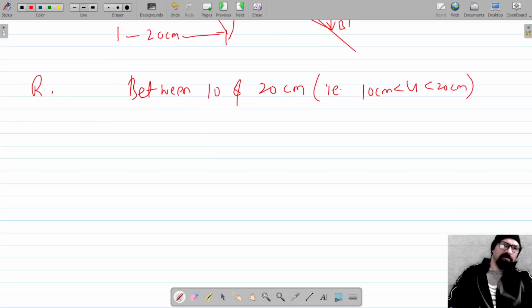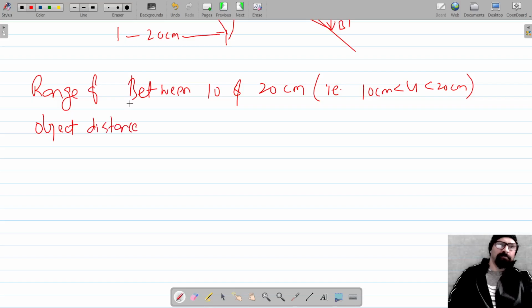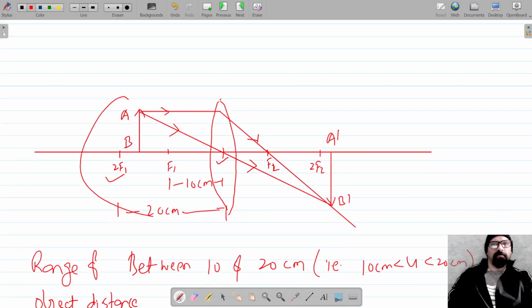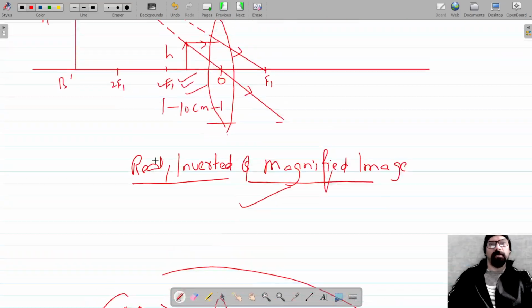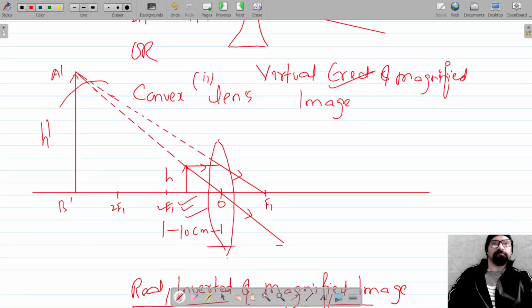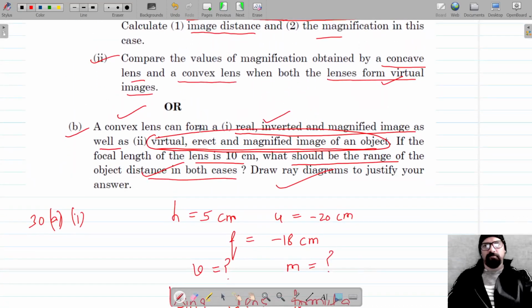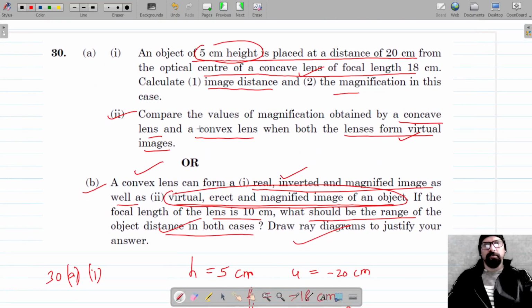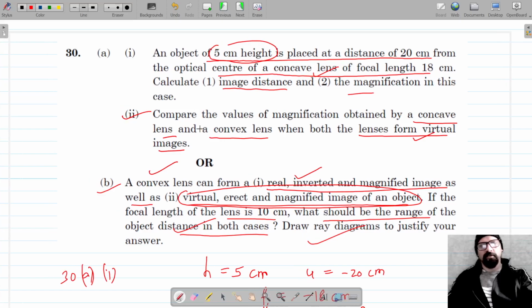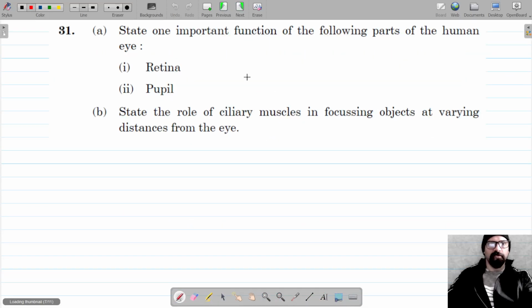This is the range of object distance, which is denoted by u. And these are the ray diagrams, this one and this one. Okay, let's move on to the next question. That is question number 31.